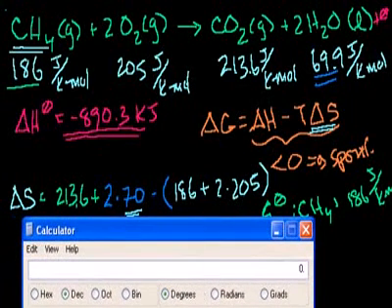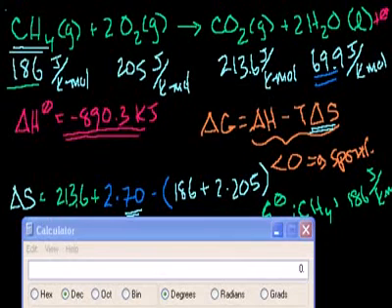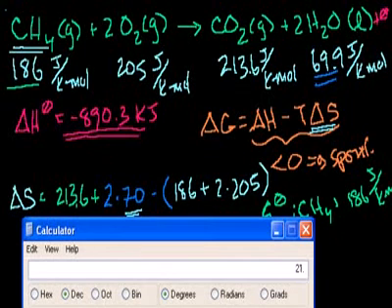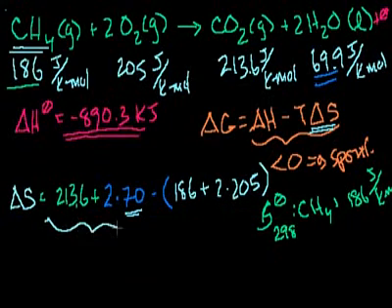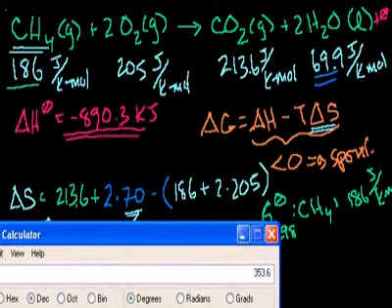Let's confirm that. So I have 213.6 plus 140, right? 2 times 70 is 140. So that is equal to 353.6. And then from that, I'm going to subtract out 186 plus 2 times 205, which is equal to 596.